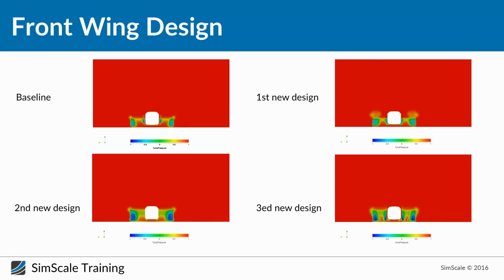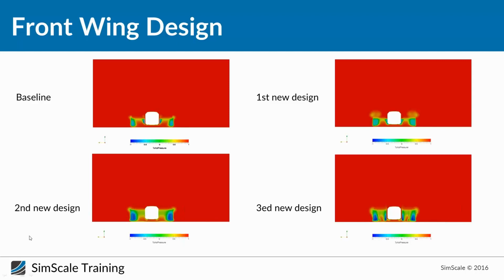The flow that goes to the back of the car is cleaner than with the two last front wings that have 3 elements. And as you can see here, the front wing with 3 elements creates more disturbance in the flow.